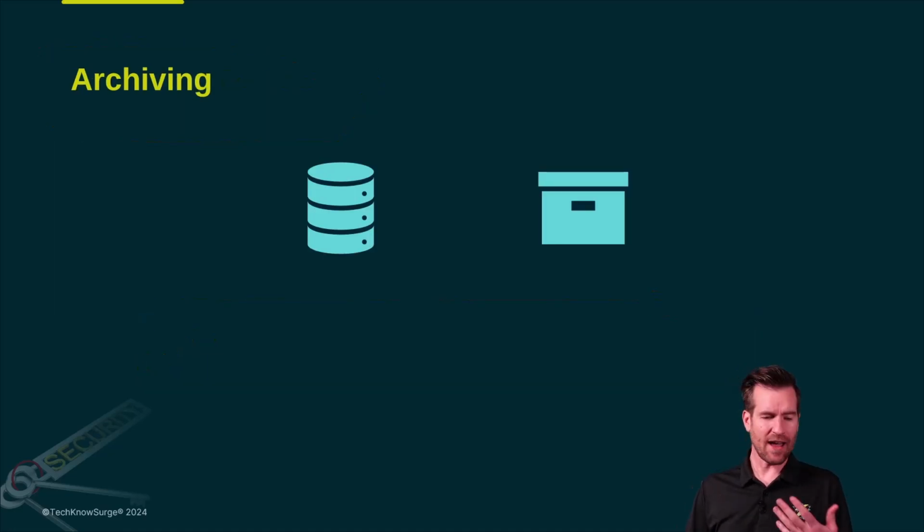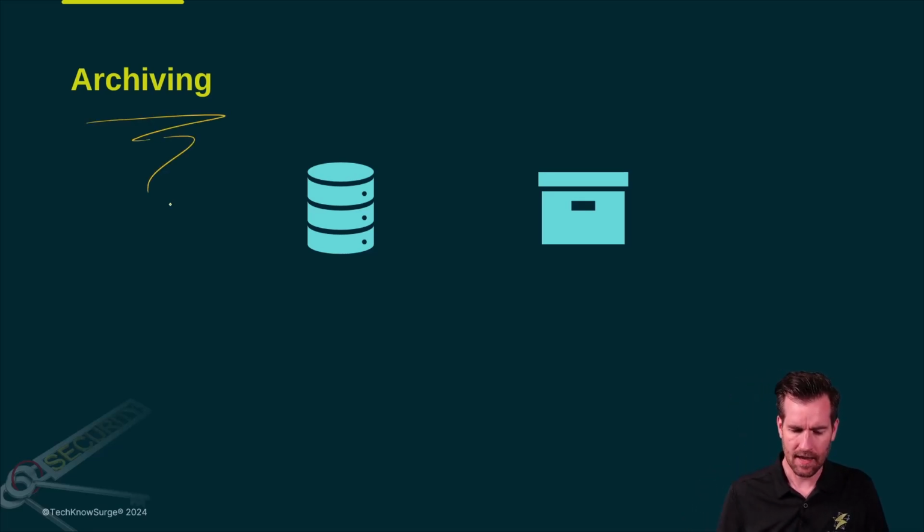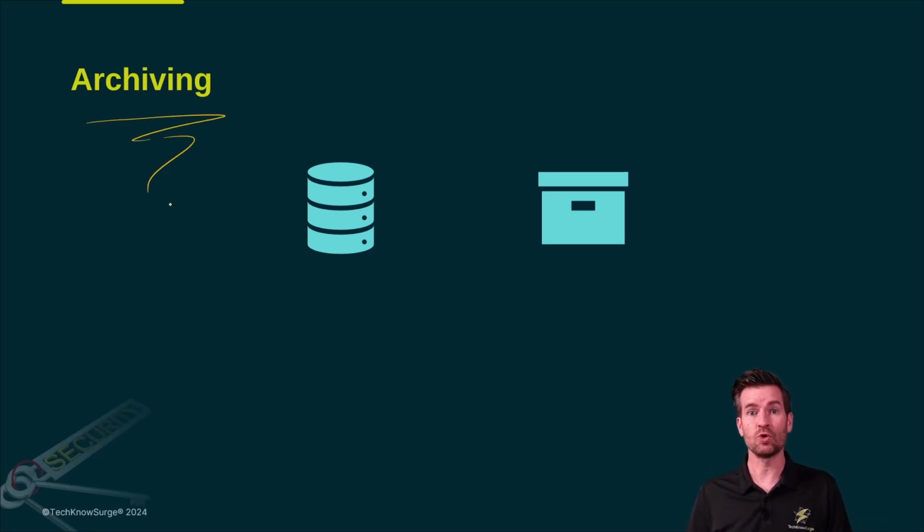Now, as that data gets older, there might be a chance that we want to use that data again, but probably not. But if we do, it's going to be super valuable. And that's where archiving comes into play, is we may sometimes choose to archive data. Having old data sit on things like our database server is just going to slow the performance down.